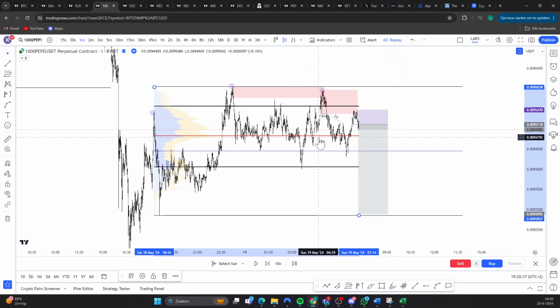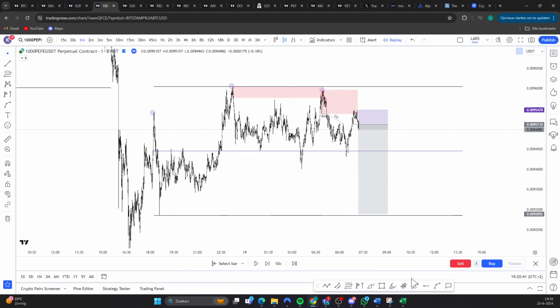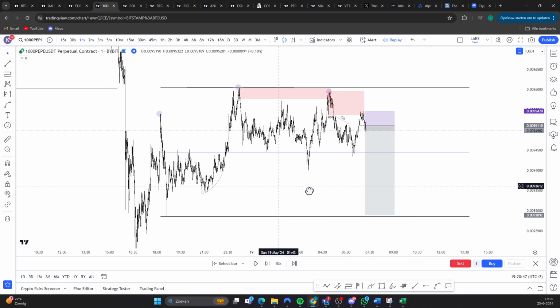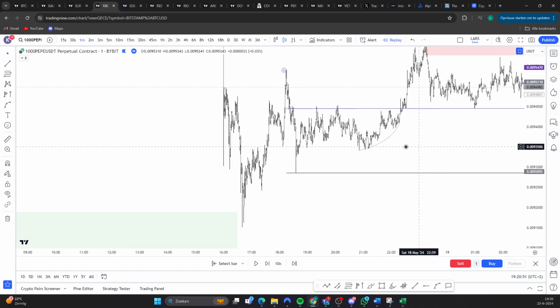I would give this a shot and see how fast I can de-risk myself. We got a nice return to zone here. It is the weekend, but Sunday does give setup sometimes.